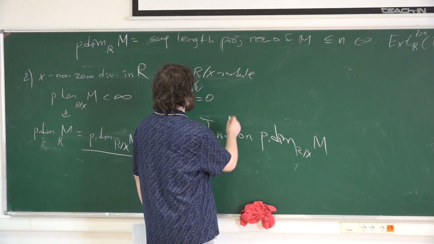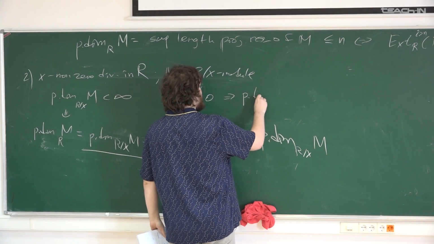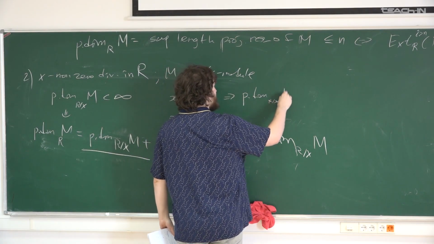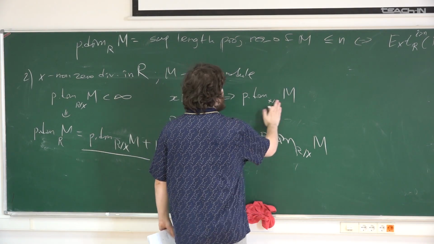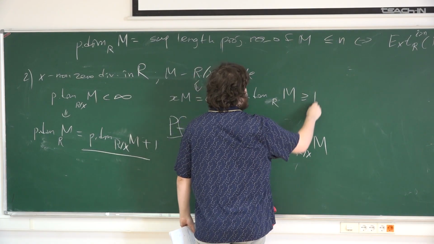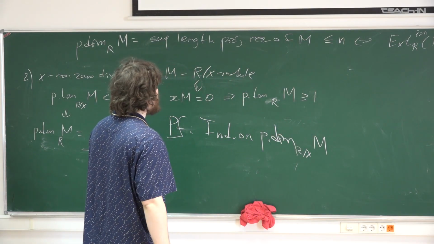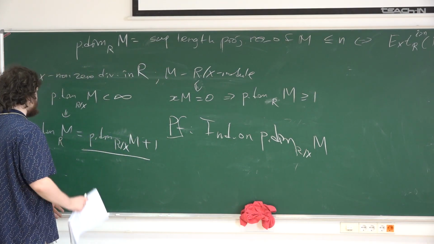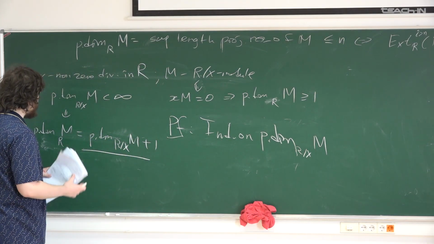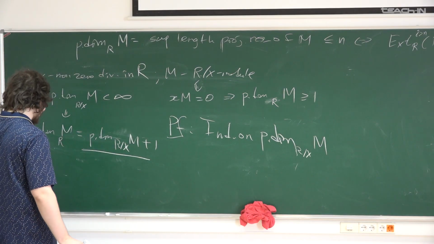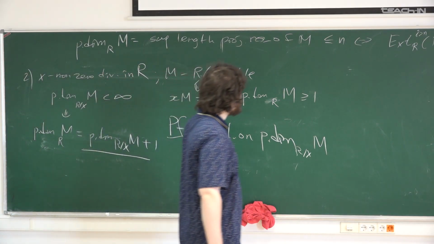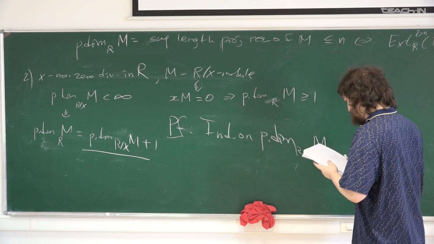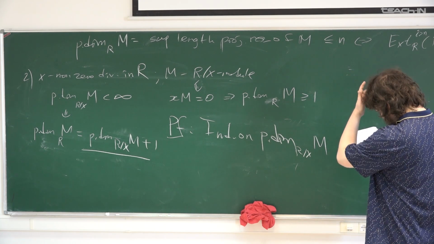So from this we know automatically that this projective dimension over R is non-zero. Of course, it's not a projective R-module. So this makes sense, because by this formula we obtain that this number must be not less than 1. It's true.